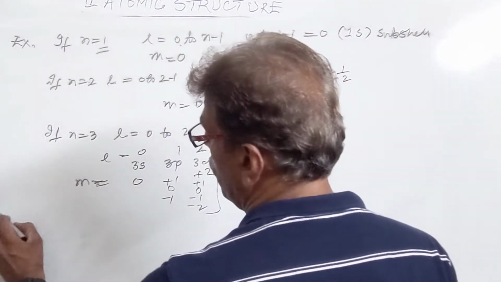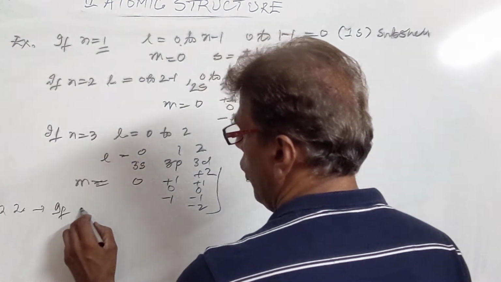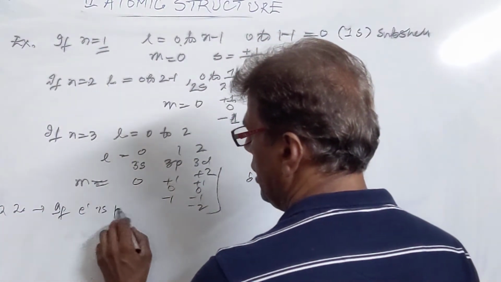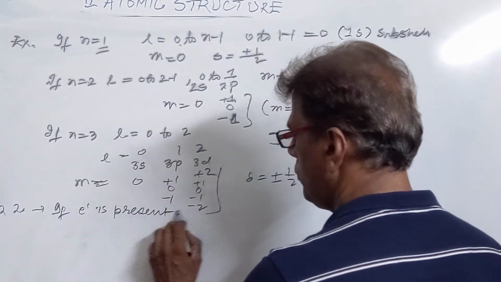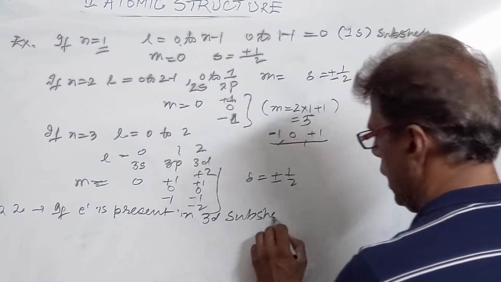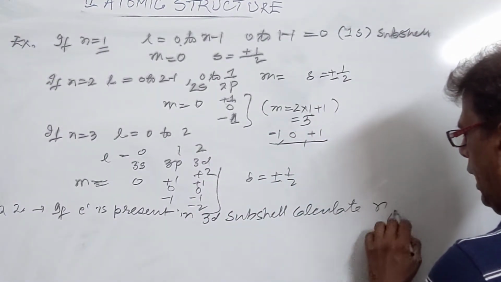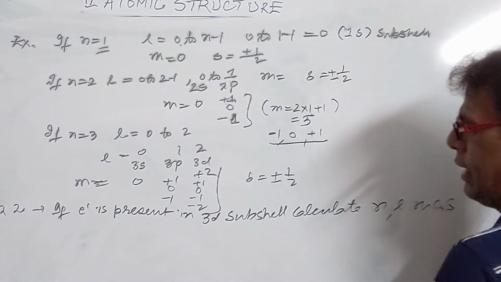And the second type of problem comes like this: if an electron is present in the 3d subshell, calculate n, l, m and s for this electron.